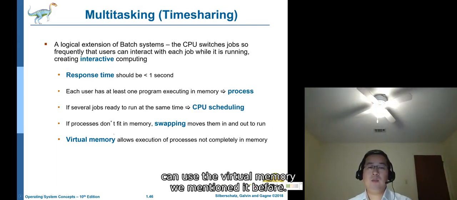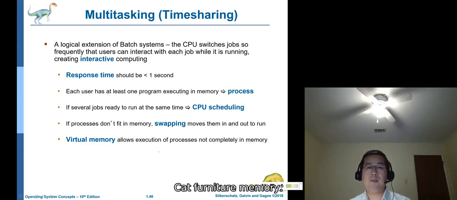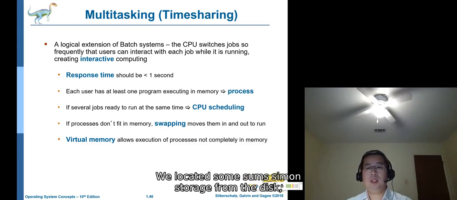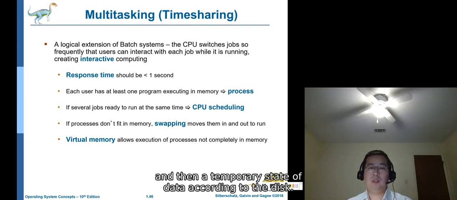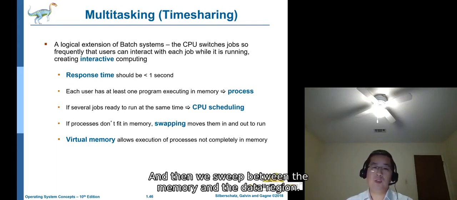And then we can use virtual memory. We mentioned it before. With virtual memory, you don't need to load all the data and code into memory, but it still can run a program which has larger space than the memory. The reason is that we allocate some storage from the disk, temporarily store the data or code there, and switch between the memory and the disk region.